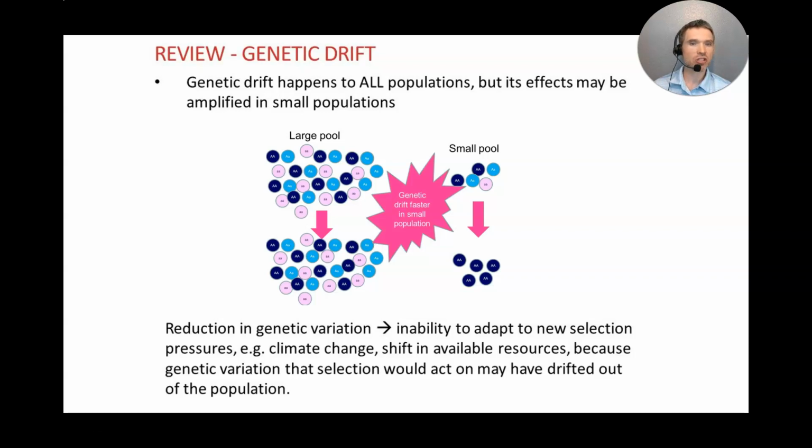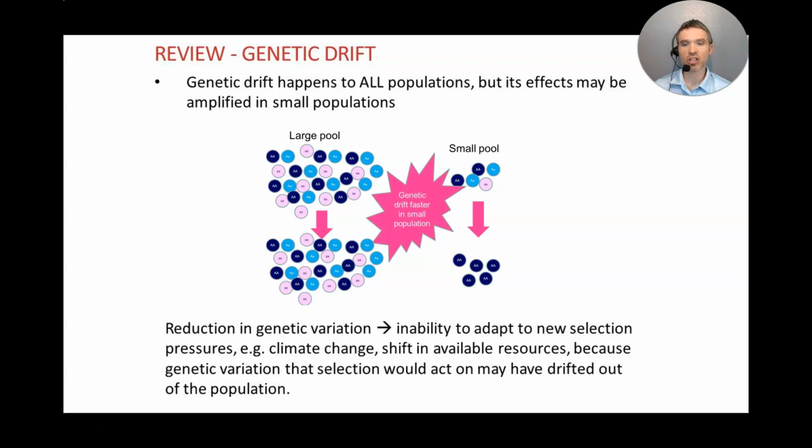However, if we start with a small population and we choose to start a new population from that small population, by random chance, we can shift the genetics of that population such that we lose certain characteristics, such as the light blue and the pink characteristics.